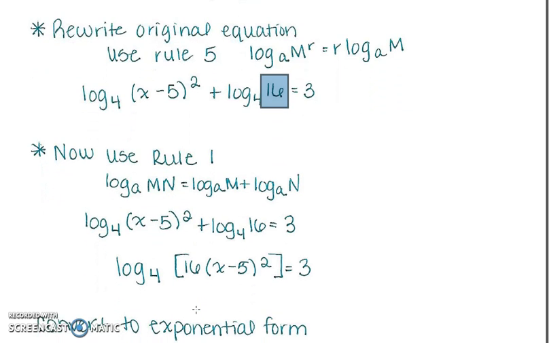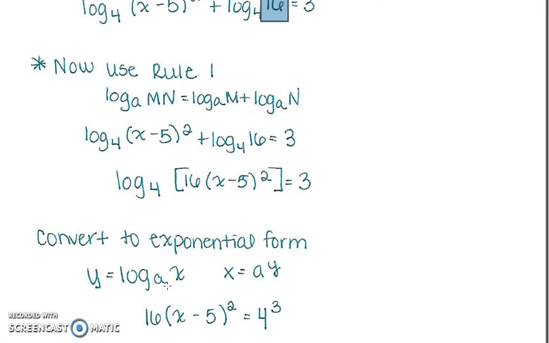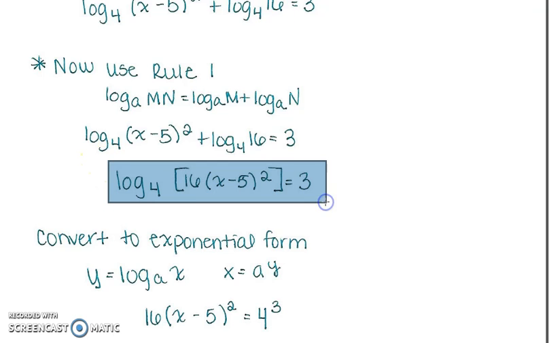Next, we want to convert to exponential form. I just wrote how you convert to exponential form: y equals log base a of x. We rewrite that as x equals a to the y power. So this is our current log function, and we want to write that in exponential form.